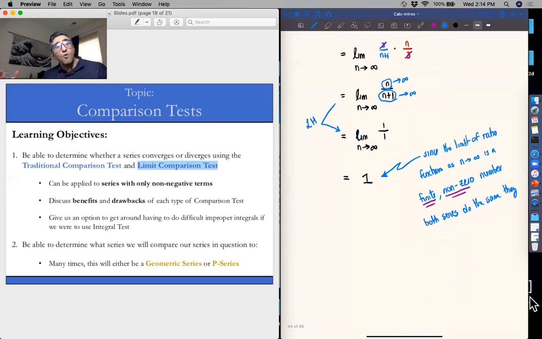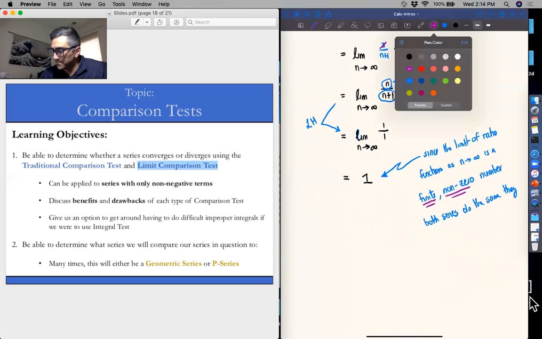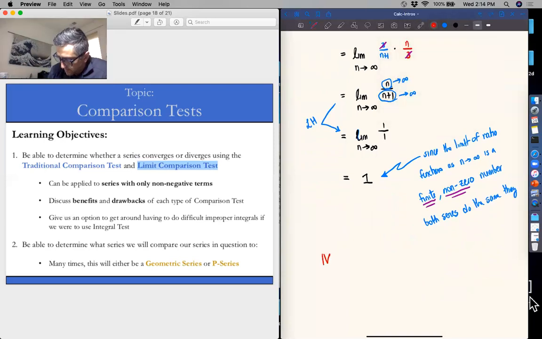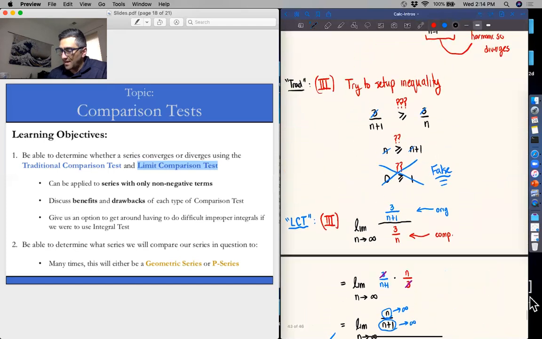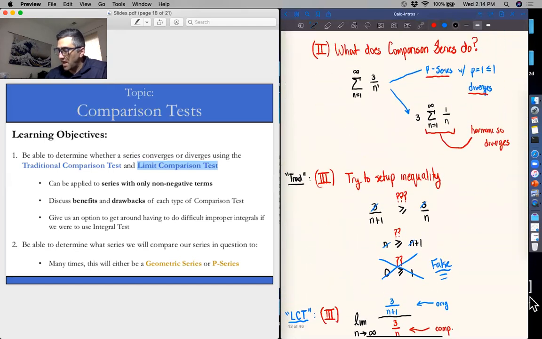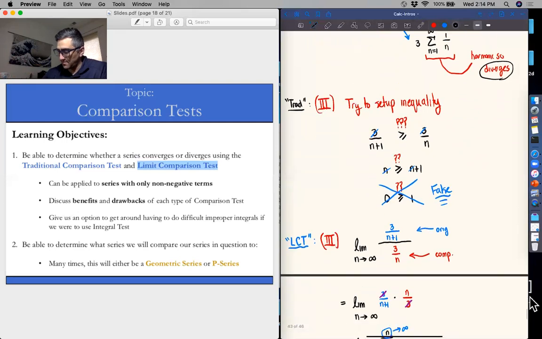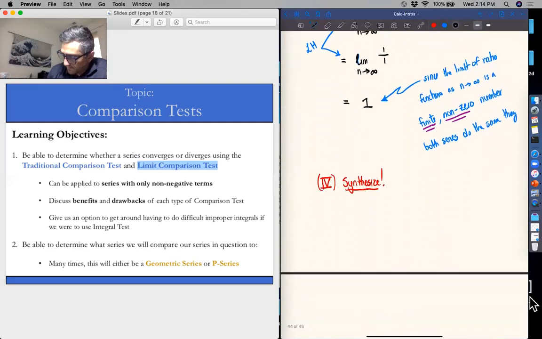So by step 4, we put all this logic together. Step 4, let's synthesize. Since both series do the same thing, because that limit came out to a finite non-zero number, and the fact that we showed previously that the series we are comparing to diverges, we know both series diverge.